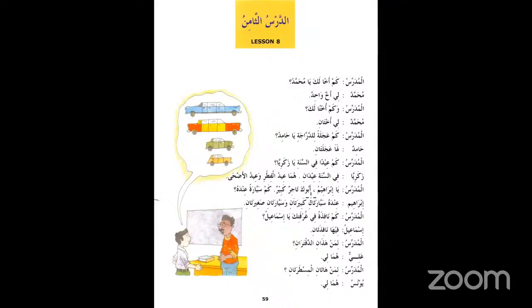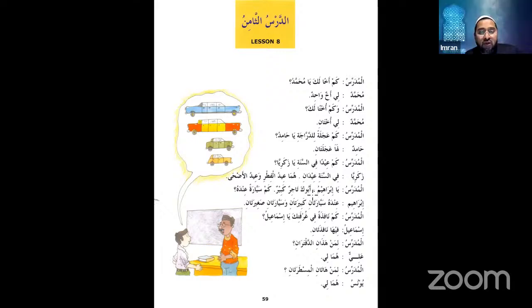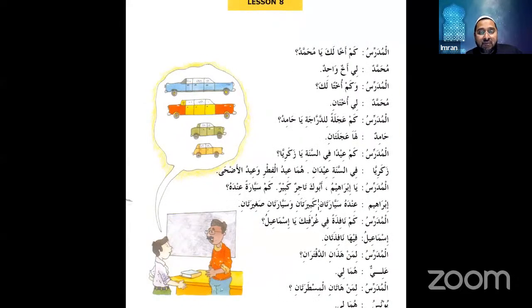So that's the reason why we have added this waw. So abuka, your father. If it's my father, there is no waw. It's only abi and akhi. But apart from my brother or my father, whenever the word abun and akhun comes, there's always a waw inserted between the two.